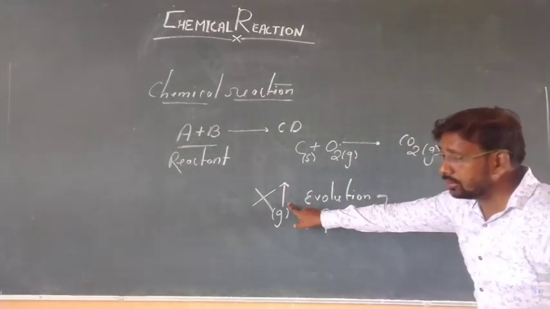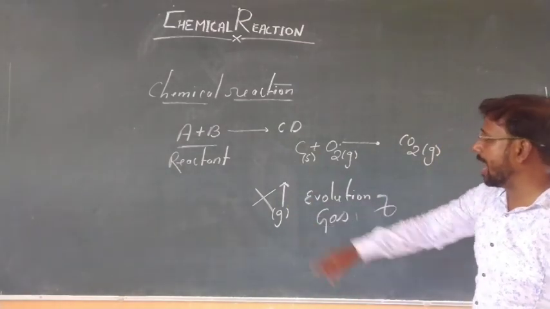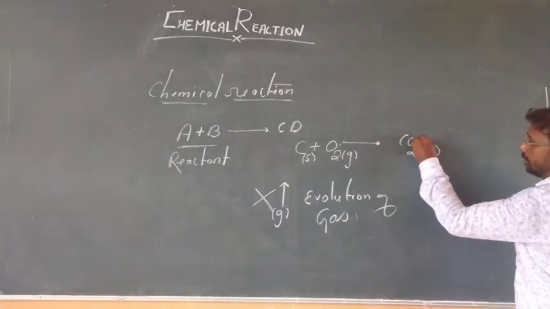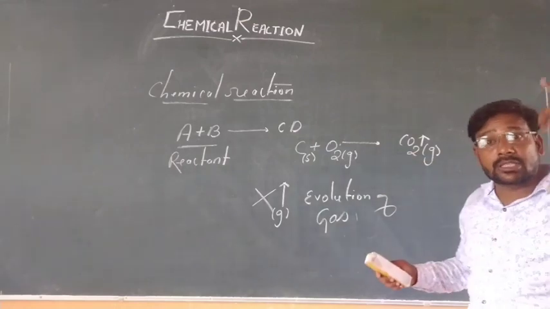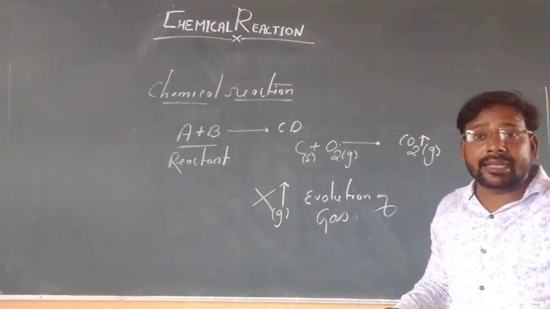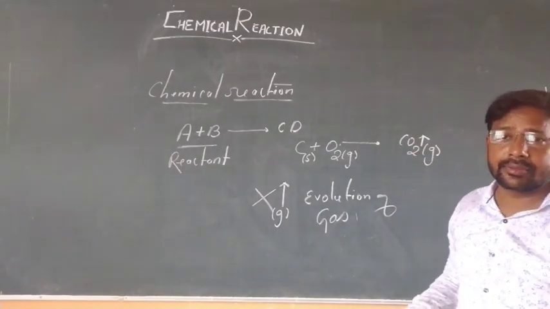So you can put the upward arrow in the case of products only, because carbon dioxide gas is formed and it starts evaporating from the container.